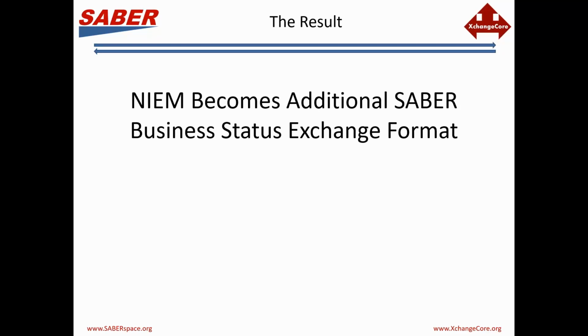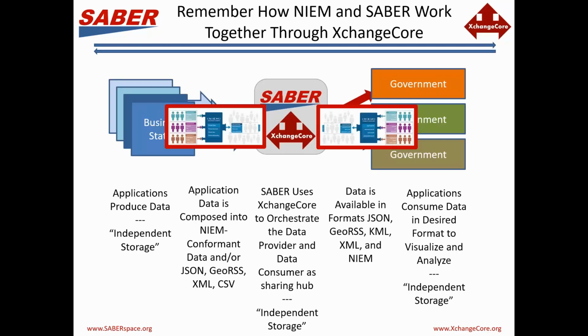So let's pull this all together by looking at the other formats that are part of SABER. And we come back to this diagram that you saw earlier and remind you how NIEM overlays onto the exchange process that already exists in SABER as an additional way to gather the information up, move it through XchangeCore, and push it out the other side.